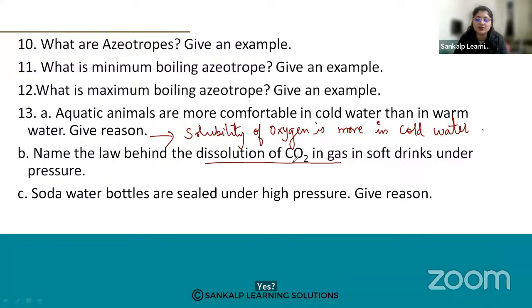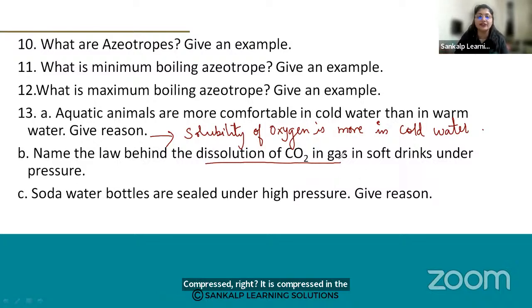What do you mean by dissolution of carbon dioxide? When we put high pressure, due to high partial pressure of carbon dioxide, what will happen? The amount of dissolved carbon dioxide is very high in soft drinks. You know that this carbon dioxide gas is compressed, right?